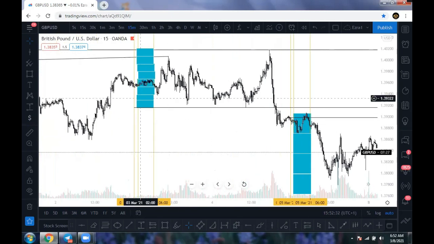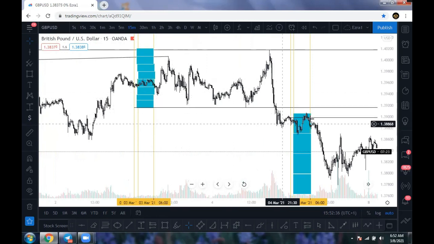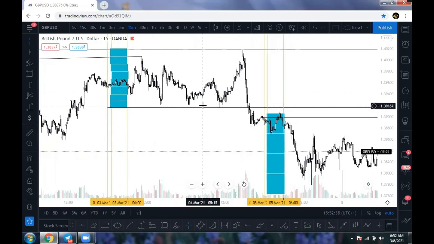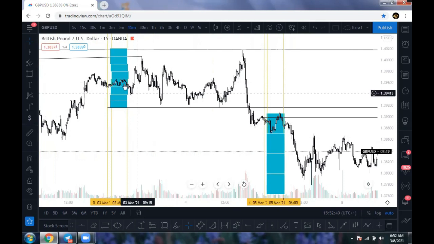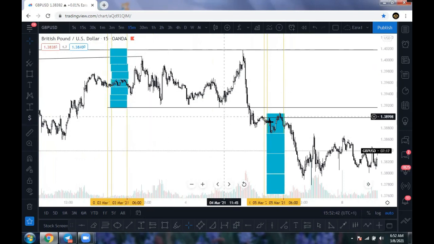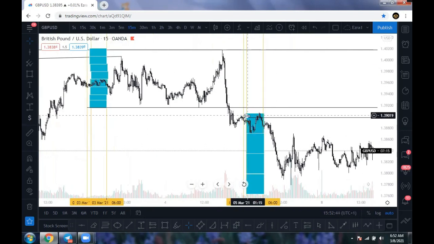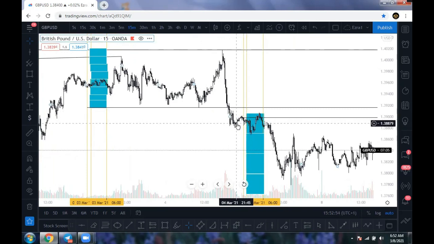You note your Asian range, your daily opening, the opening of the day and the opening of the week. This is today's opening, the time that the market opens. This week also, the daily opening on Monday is also the weekly opening.